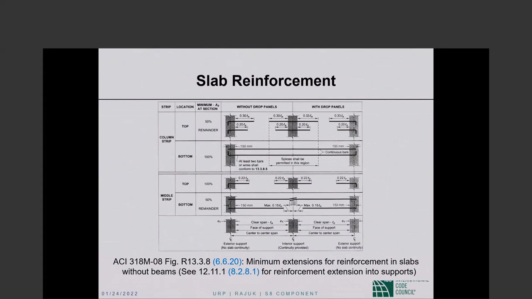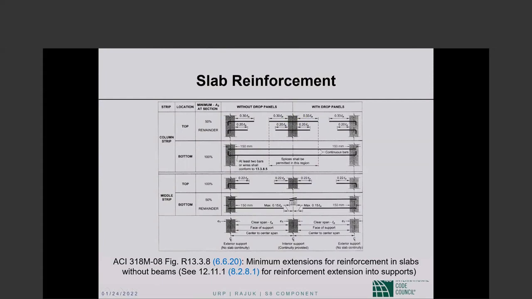So this is 33% of L sub n, this is 30% of L sub n. If this span and that span are different, then this L sub n, the clear span, shall be the longer clear span.